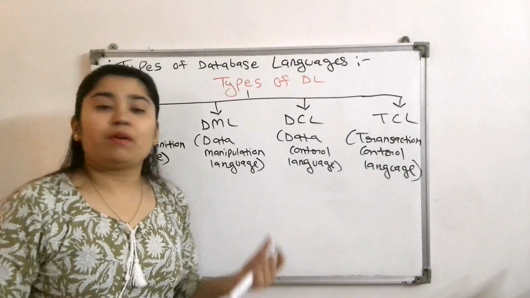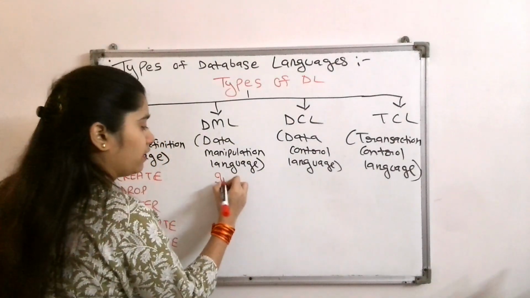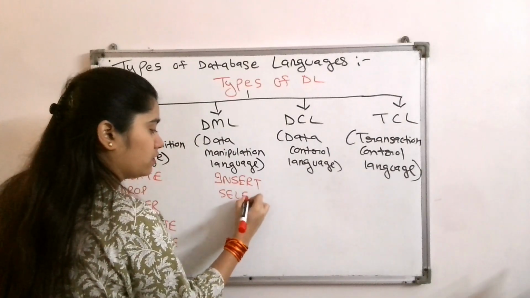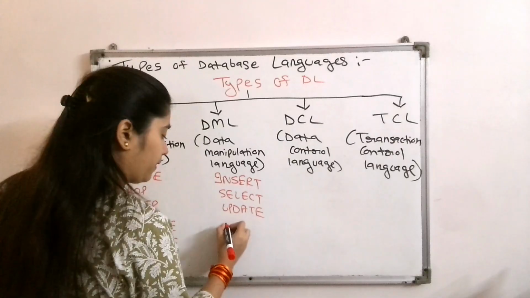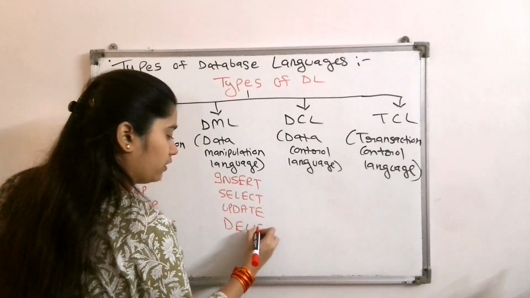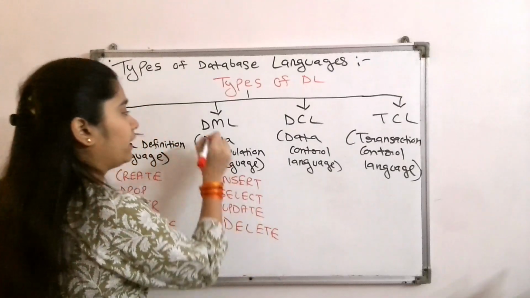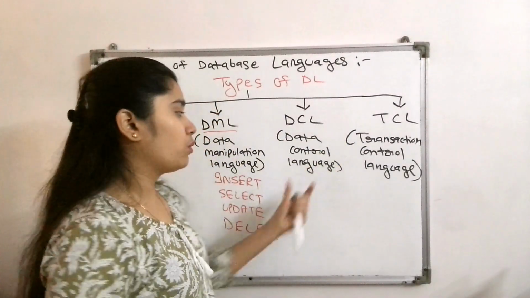Then DML. DML is the data manipulation language. It has some commands, that is insert, select, update, delete. So these are some of the commands which are used in the data manipulation language. Then third is the DCL, that is data control language.